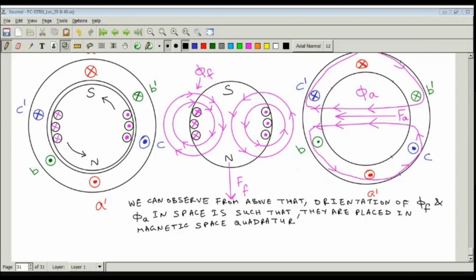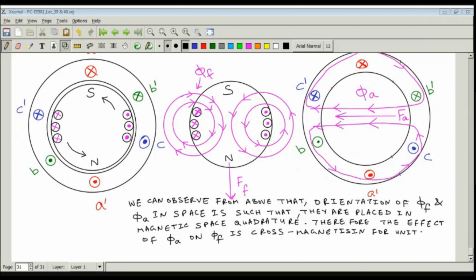Therefore the effect of armature flux, that means phi A, on field flux, that means phi F, is cross magnetizing for unity power factor load in alternator.